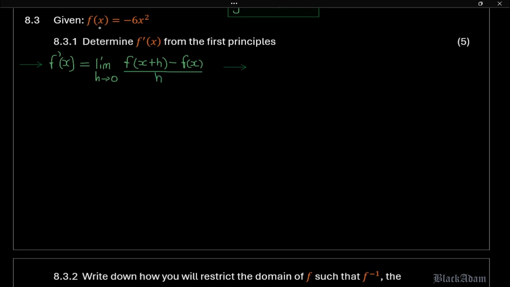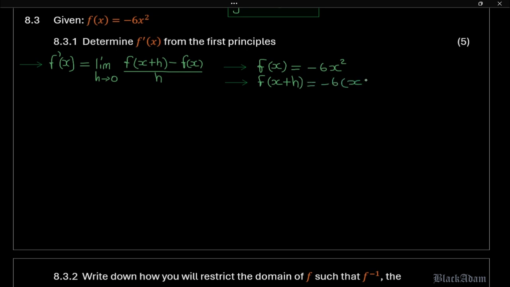So we have f of x as negative 6x squared, and then we have f of x plus h, which means wherever there's x we put x plus h.